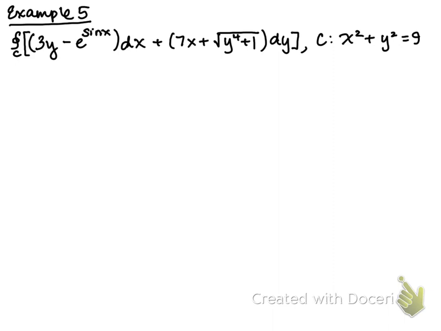Another one where, yes, this looks pretty hideous and annoying. Can we use Green's theorem to simplify things? And we can, otherwise I wouldn't be doing this example. Okay, so what do we have here? Let's get a picture of our curve C with positive orientation and our region D.